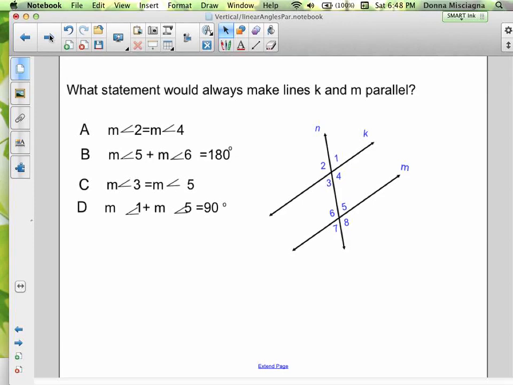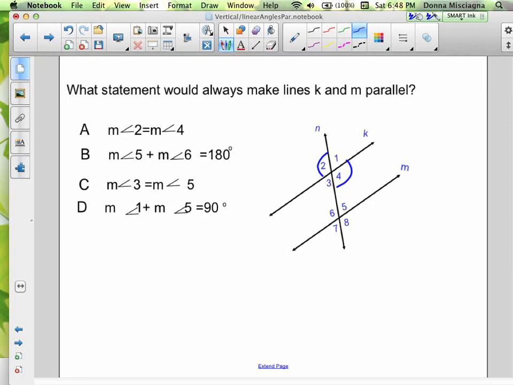So let's mark that. Is that enough to prove our lines are parallel? Well, let's think. Are those alternate interior angles, alternate exterior angles, consecutive interior angles, or corresponding angles? Well, no, they're not. Those are vertical angles. And we know vertical angles are always congruent.